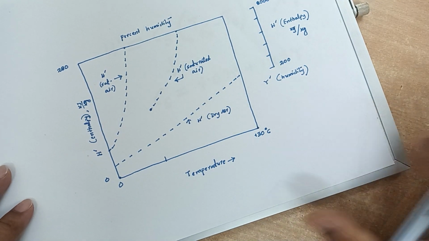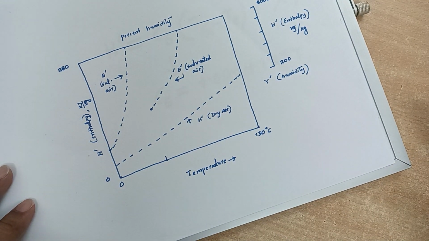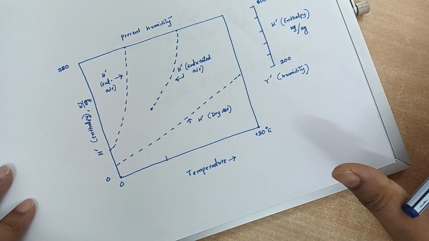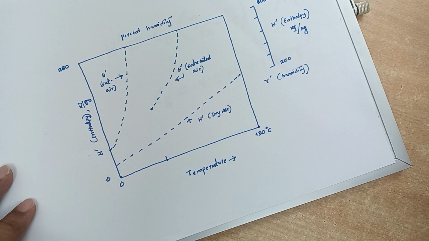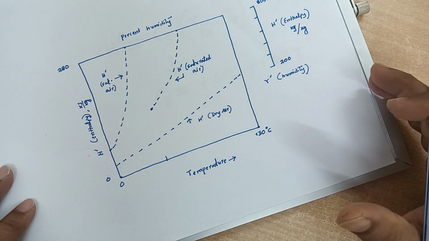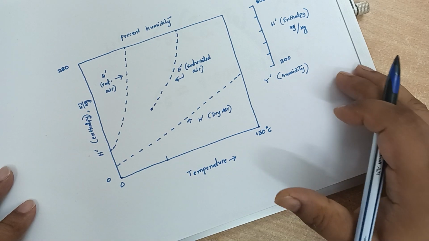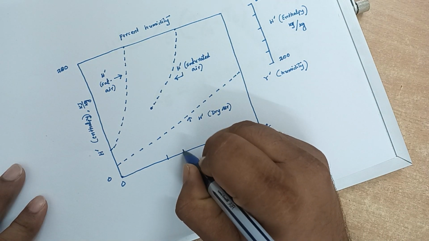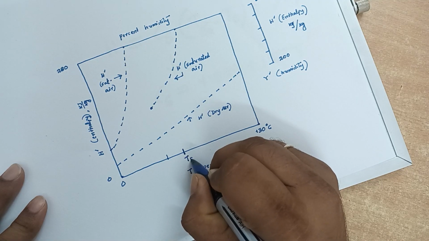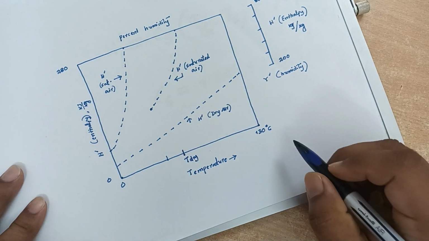Now for the same problem I just discussed, where dry bulb and wet bulb temperature of air are given, we have seen how easily we can calculate the value of humidity, and using that you can calculate the value of enthalpy. Here also we can do the similar thing. Suppose the dry bulb temperature is given. So this is the dry bulb temperature.